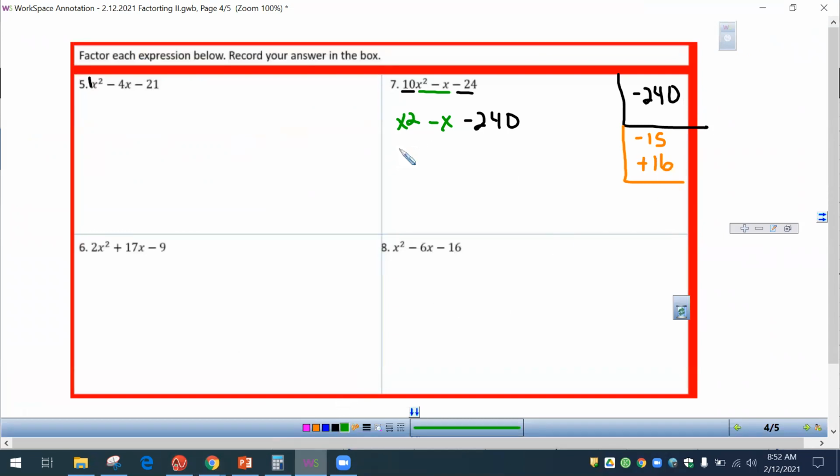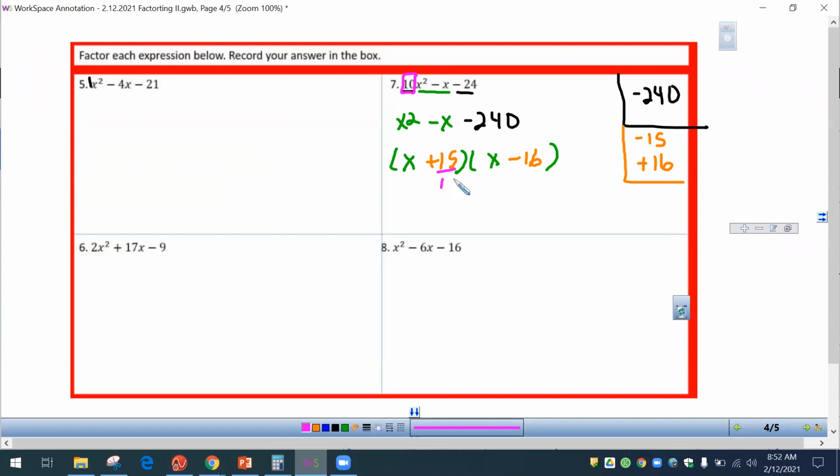So right here, you write x, next. So these are your roots, and now you have to flip them. So put +15 here, then -16 here. And then what you're going to do is divide by this number in purple.